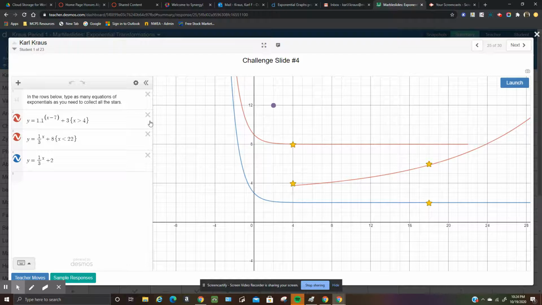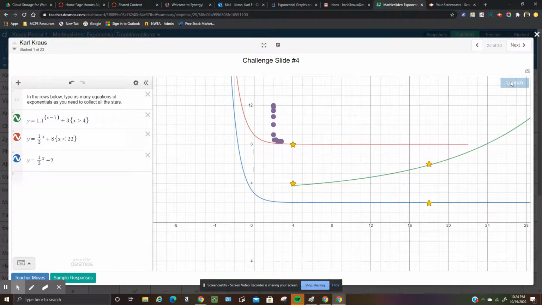And then here, use the flat curve here, exponential growth, and I mean exponential decay and exponential decay. So let me make these different colors here so let's see what's going on here. All right, growth, decay, and decay.